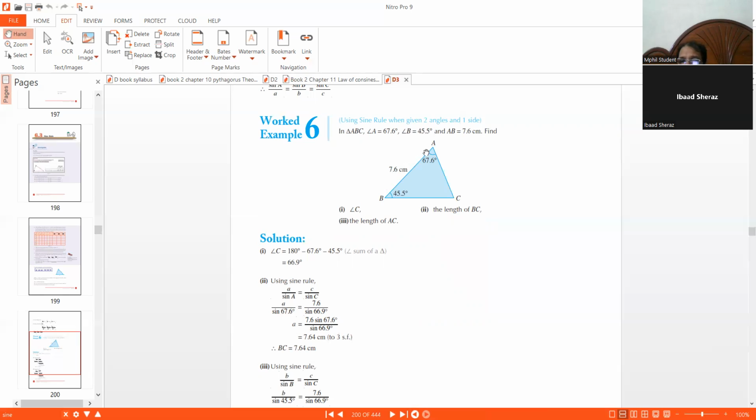Basically, you have only this side available. You don't have any other side available to find out the unknown variable. So you will use this side, and you have calculated this angle already by subtracting these two values from 180 degrees. So that's why these two angles are available to you, but you don't have these sides. So you will use the values of a over sine A is equal to c over sine C.